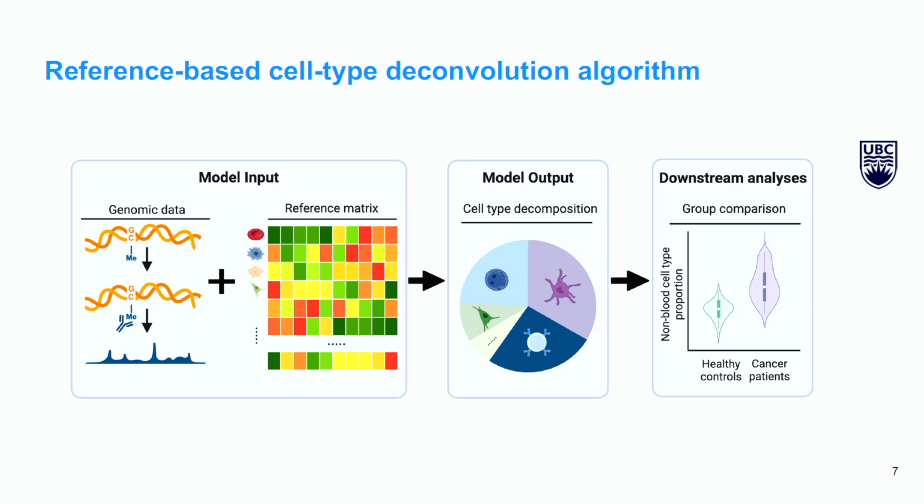You have the genomic data, you have the reference matrix that's independent from the data, and then you use this reference matrix to infer the cell type decomposition in the specific samples you're interested in. And then with the estimated proportions, you may, for example, do group comparison in the downstream analysis.